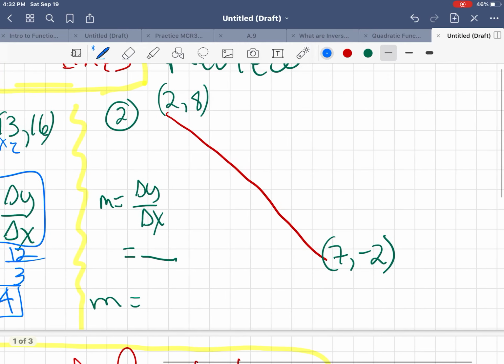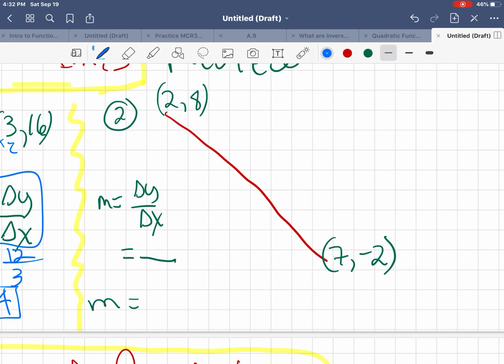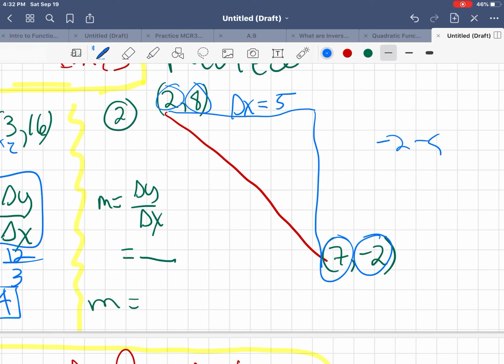Okay, what about this one? Here's the second one for slope. Again, it doesn't matter where I draw that triangle, but it looks as though x goes from x equals 2 to x equals 7, so delta x equals 5. And then y is changing from 8 to negative 2. Remember that when we do slope, this would be negative 2 minus 8, which is y2 minus y1.